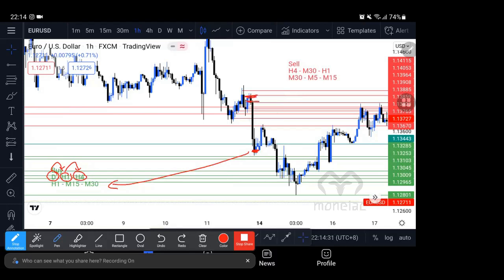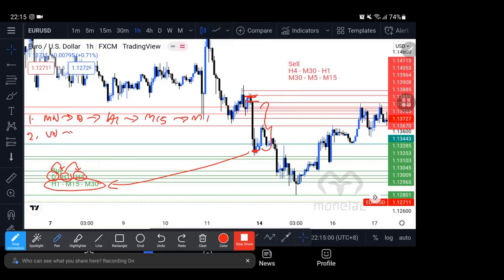But maybe this is too far. We can drop down and use this instead because the setup will happen at the lower time frame first. So that's why I'm showing you guys. So we have this time frame order, the monthly, daily, H1, M15, M1.